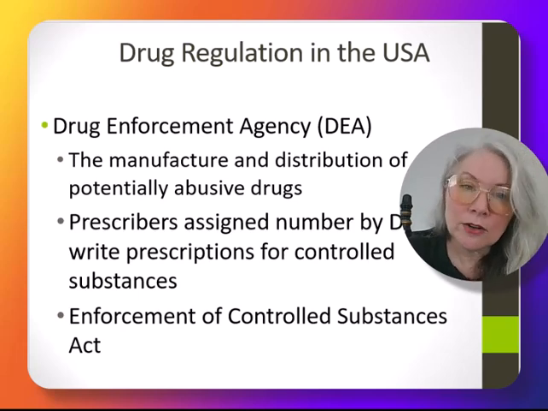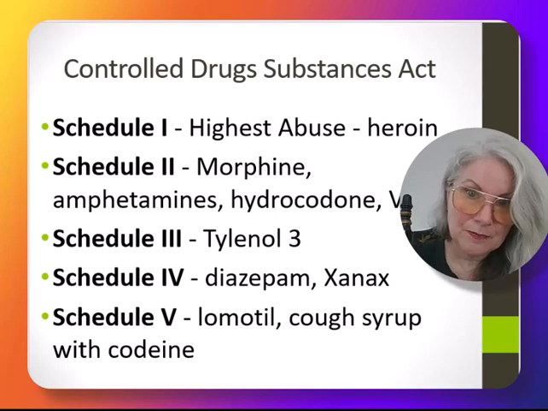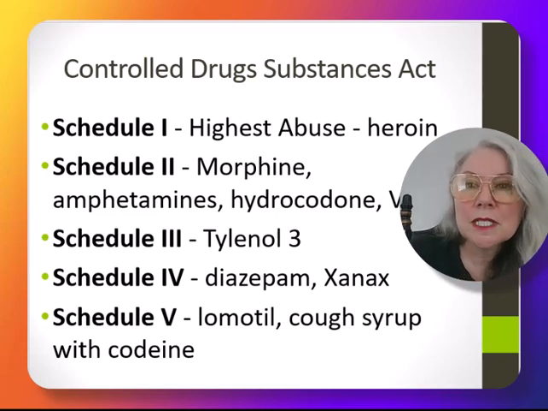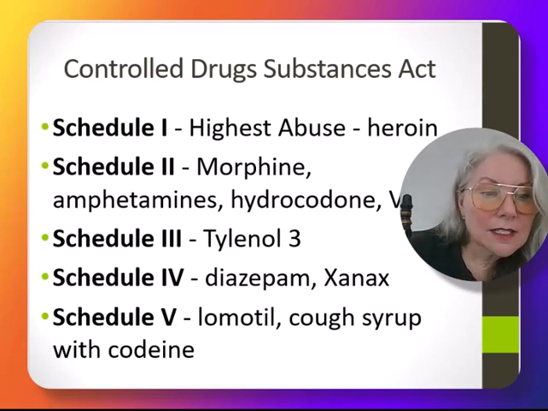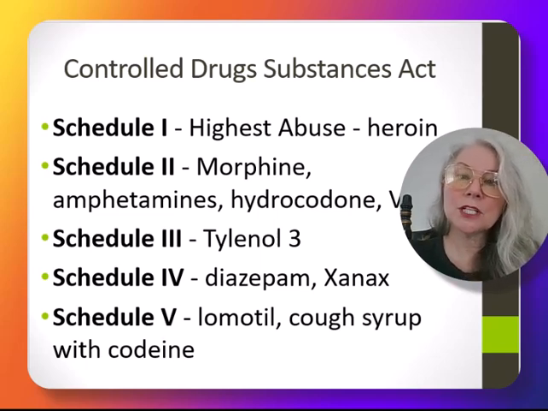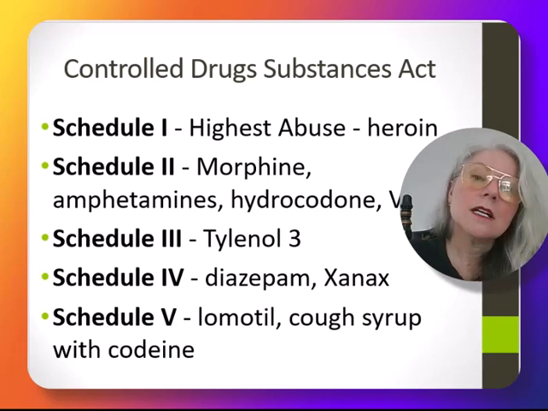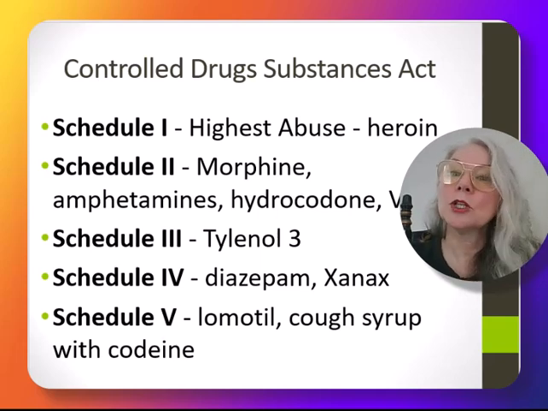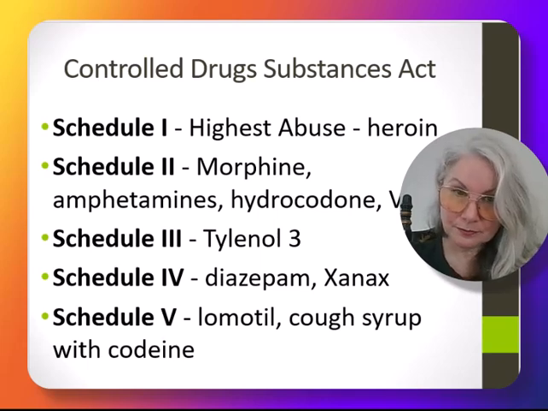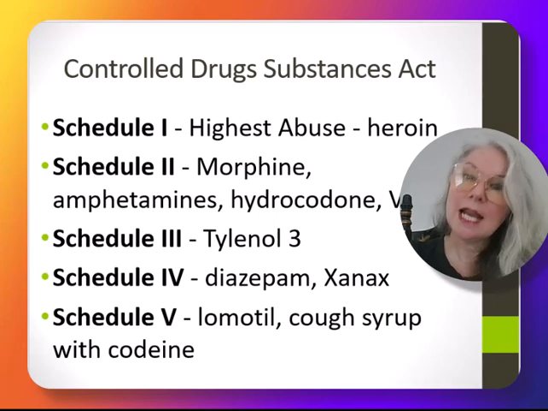The DEA also enforces the Controlled Substances Act. And the Controlled Substances Act is an act that puts drugs which have a potential for abuse in different schedules. So the lower the schedule, the higher the abuse potential.